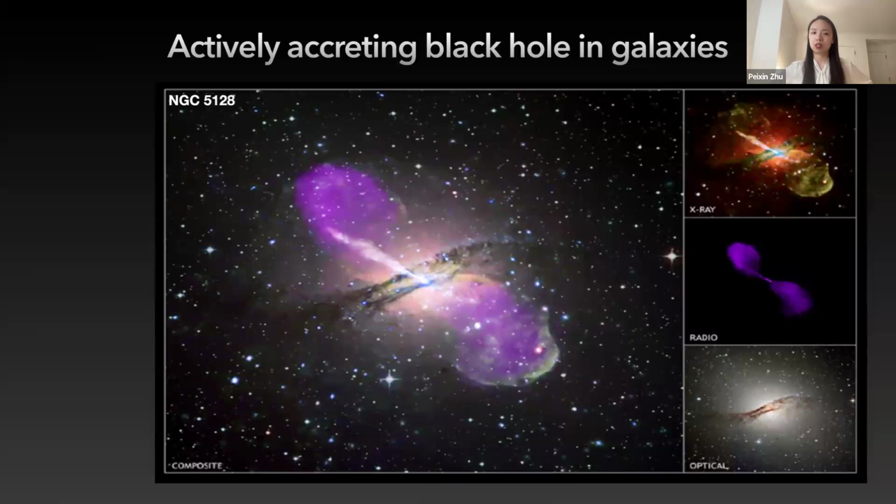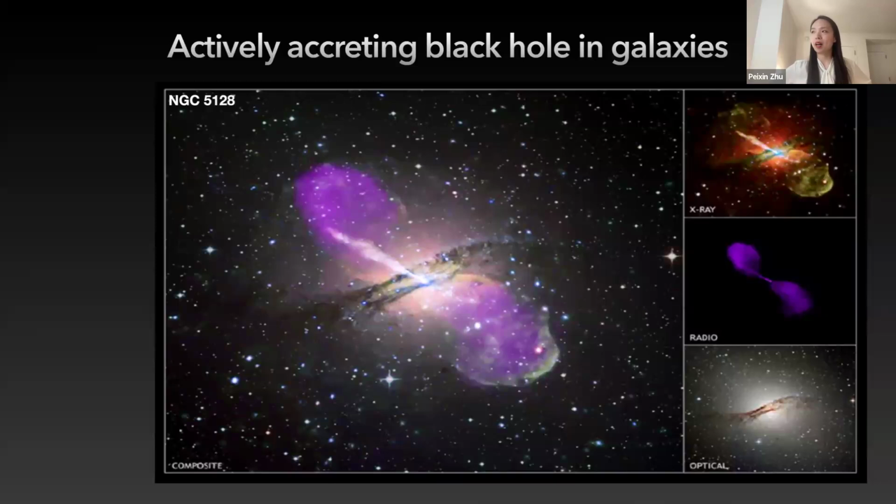This image is a composite combining observations in optical wavelengths, radio wavelengths, and X-ray wavelengths, as shown on the right panel. It shows you how this image looks in certain wavelengths. So this is quite a broad range in wavelengths.